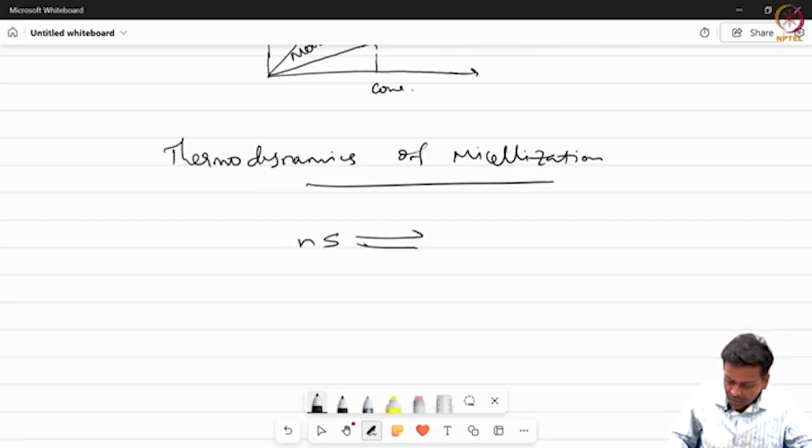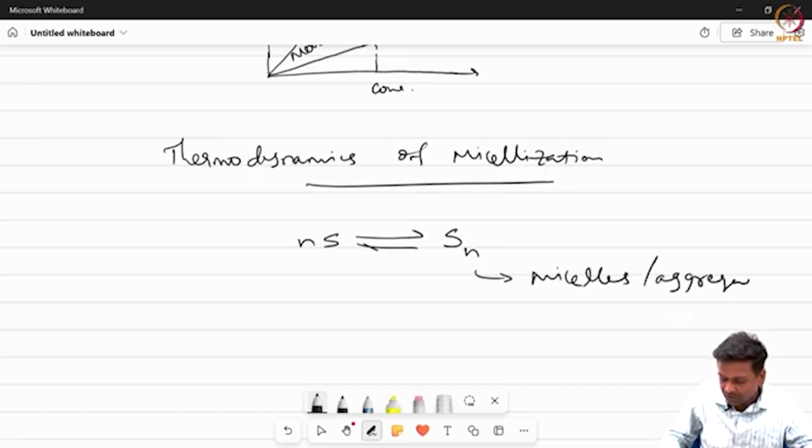Let's say you have a surfactant molecule. Individual molecules are called monomers. We can use this notation for the surfactant molecules, which are nothing but monomers. You can also use this notation, analogous to a polymer, for micelles, or aggregates, containing a number of monomer molecules, or individual surfactant molecules, right?